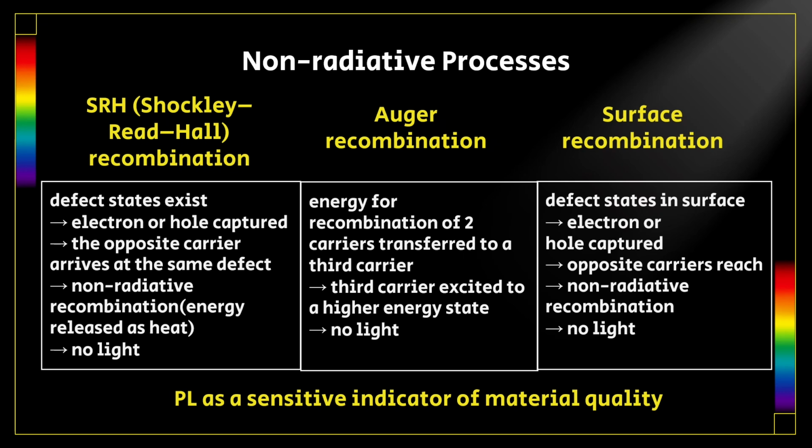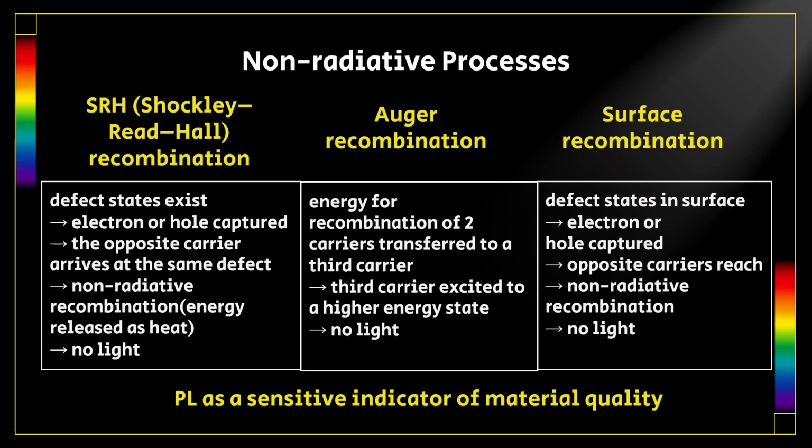SRH, or so-called Shockley-Read-Hall recombination, is a non-radiative process in which carriers are first trapped by defect states and then recombine with opposite carriers through these traps. Auger recombination is where the energy released by the recombination of two carriers is transferred to a third carrier, exciting it instead of emitting light.